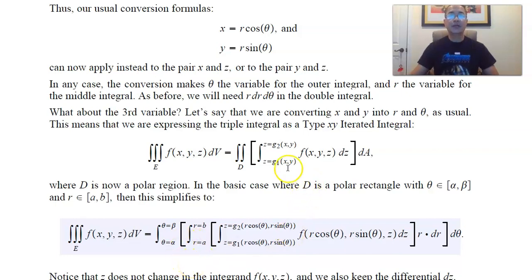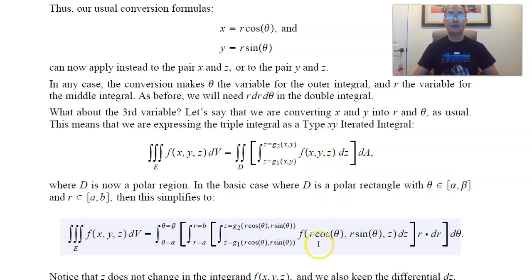Okay, so what's going to happen to our limits? Right, so in the limits, we have to convert x and y into r and theta using our conversion formulas up here. Okay, so you will have a surface below expressed in terms of r and theta, and another one above. Same thing. How about the function? Okay, we have an integrand, f of x, y, z.